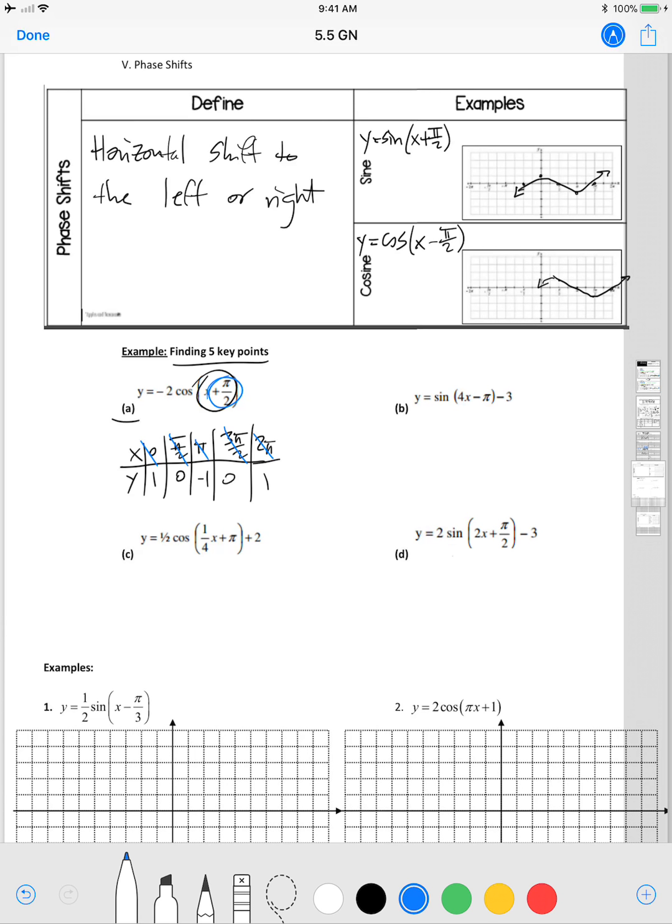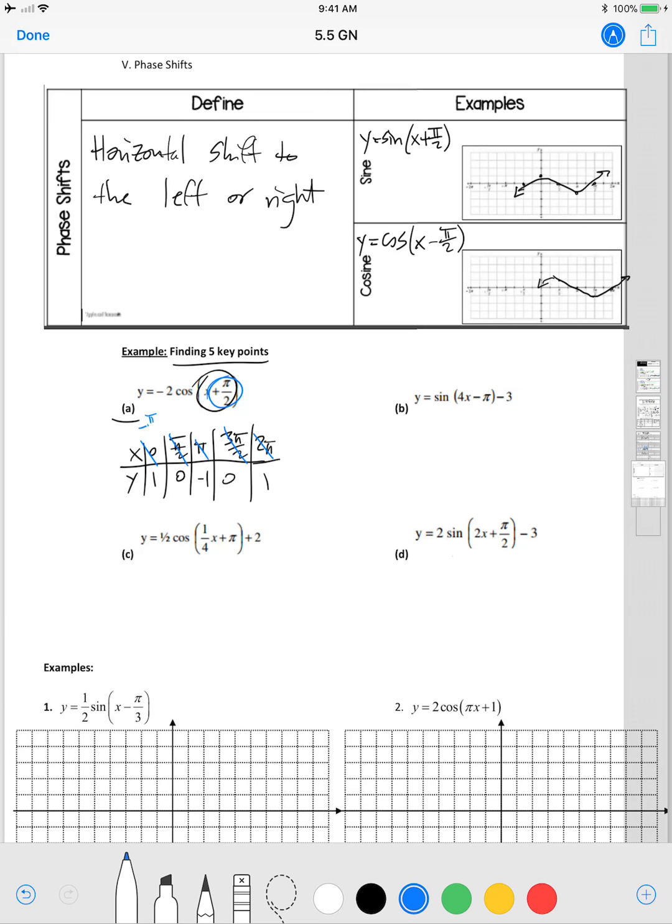So this is different from when I had a period change. When I had the period change, I ignored my existing x values, and then I found new ones, my new period, and then I divided by 4 to get what each interval equaled. Here, I am taking my existing x values, and I'm subtracting pi over 2 from them.